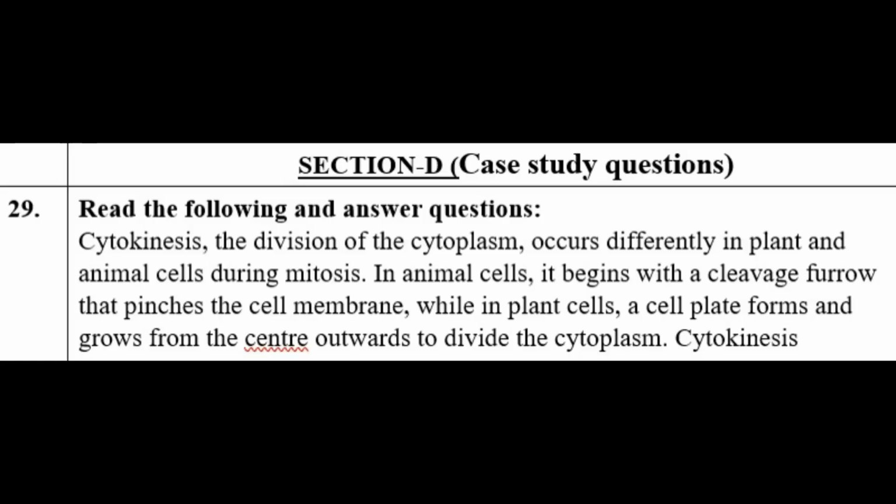Next is section D, where there will be 2 case study questions. Here, read the following and answer the questions. So there will be a paragraph given like this. Cytokinesis, the division of cytoplasm, occurs differently in plant and animal cells during mitosis. In animal cells, it begins with a cleavage furrow that pinches the cell membrane, while in plant cells, a cell plate forms and grows from the center outwards to divide the cytoplasm.